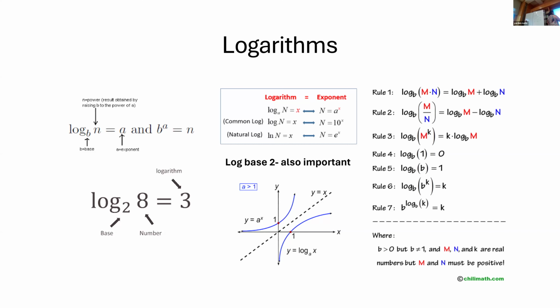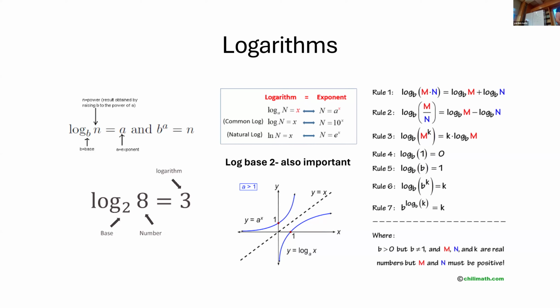So we can see it here. What is the power of the number 2 to get to 8? We need to multiply it 3 times. Therefore, the log is 3.